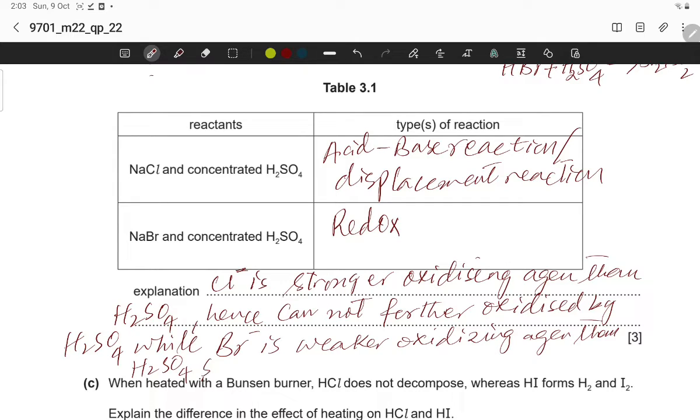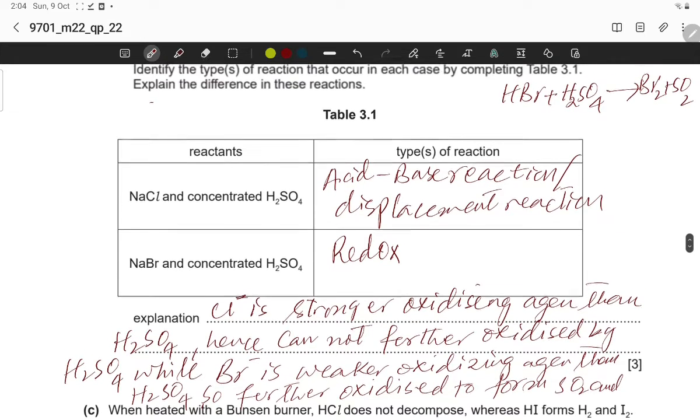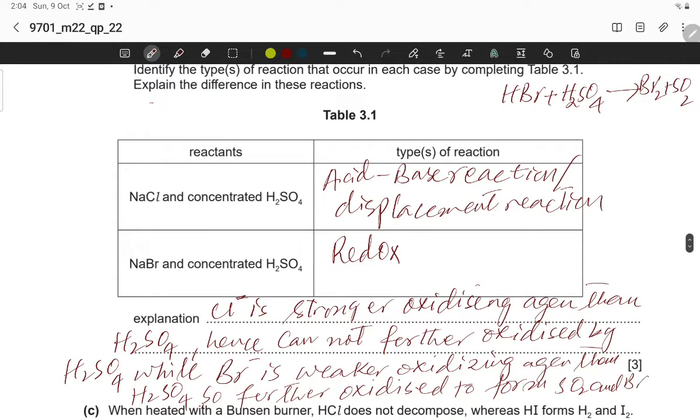So it is further oxidized to form sulfur dioxide and Br2. In other words, bromide ion is a stronger reducing agent than chloride ion. That's why bromide ion reduces sulfuric acid to form sulfur dioxide.